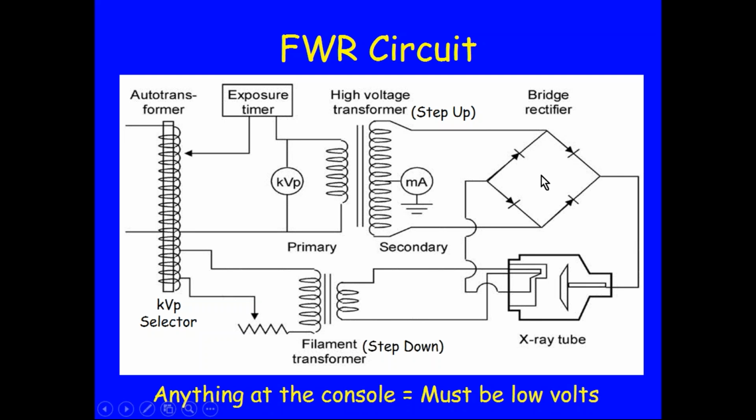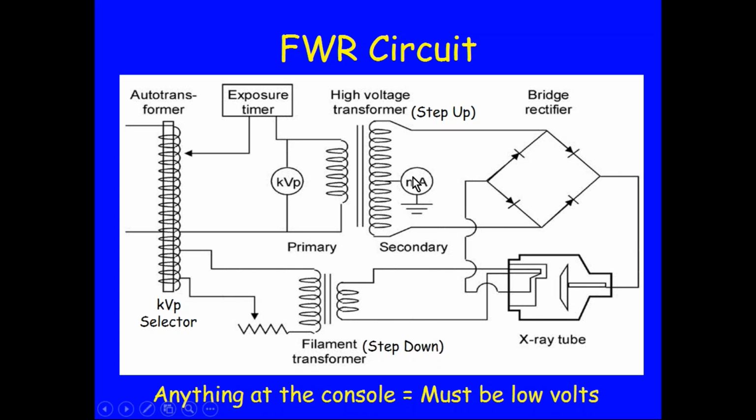Without going into details of how that rectifier bridge works, in the manual I've worked that all out for you. And then you put that high voltage across the filament and across the anode. So you've got your high voltage over, but notice that the KVP selector is over before you get high voltage. It's in the low voltage side.